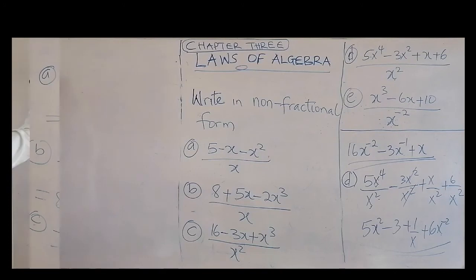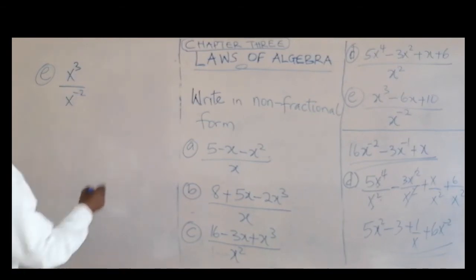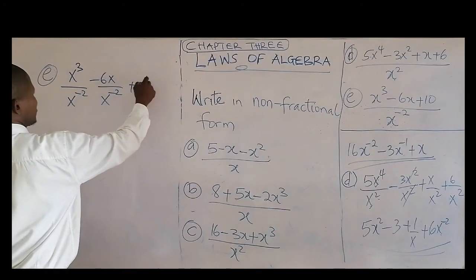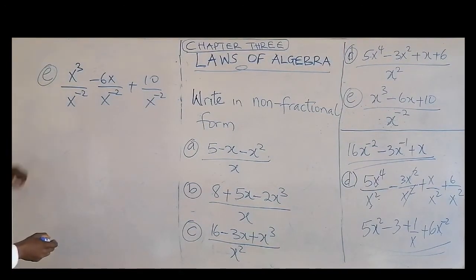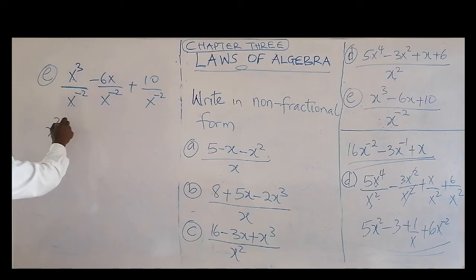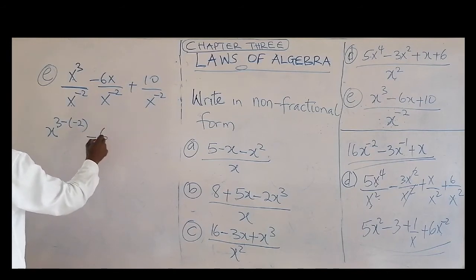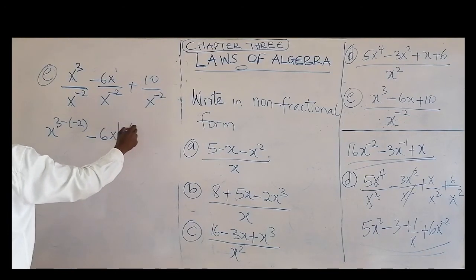The e part: this over this, minus 6x over this, then plus 10 over this. So that's the simplification of that fraction. The bases are the same. You take one of the bases. This is the 3. This is division. So minus 2. And then here, minus 6. This one is our power 1, so that will be x^(1 minus 2).